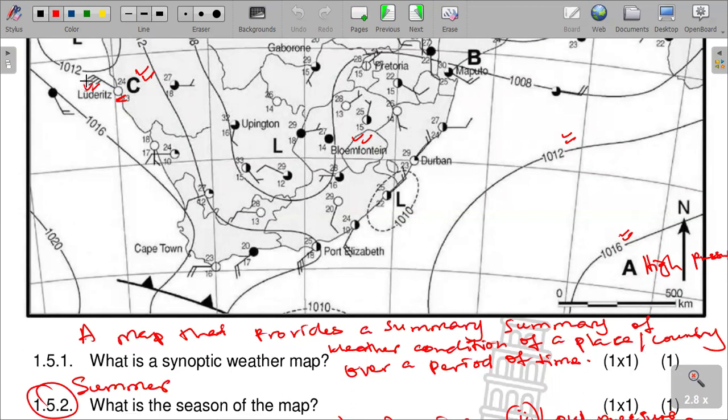You are going to count: this is 1, 2, 3 plus half. Wind speed was going to be 35 knots there.